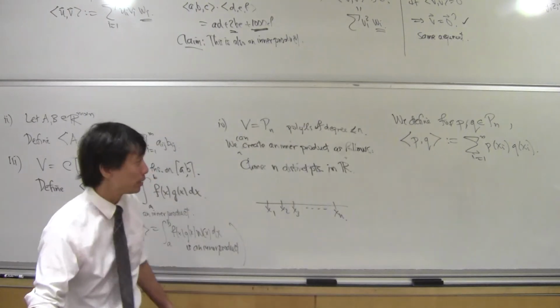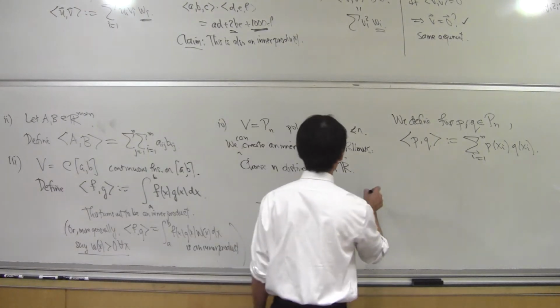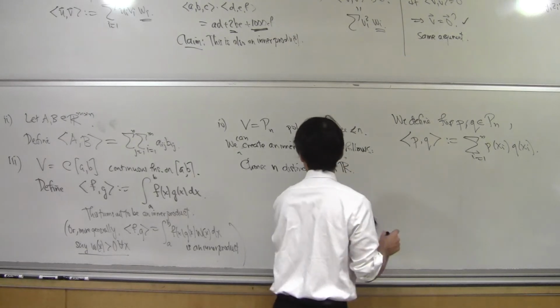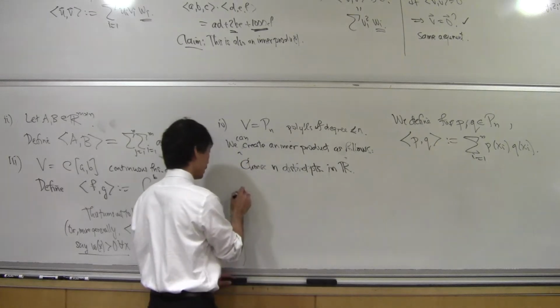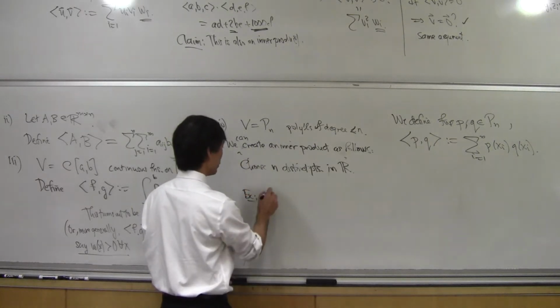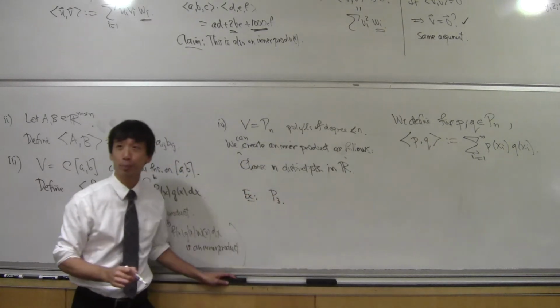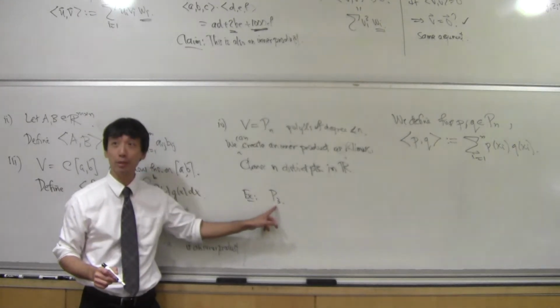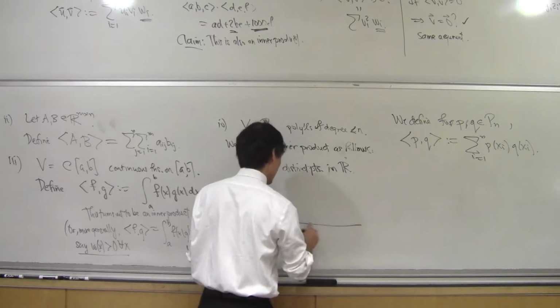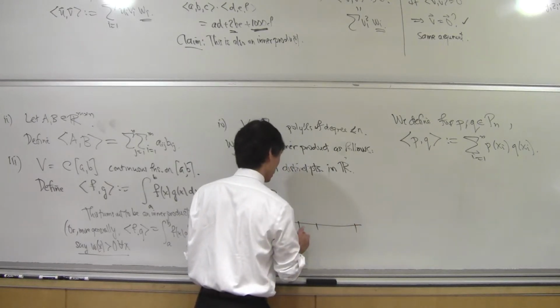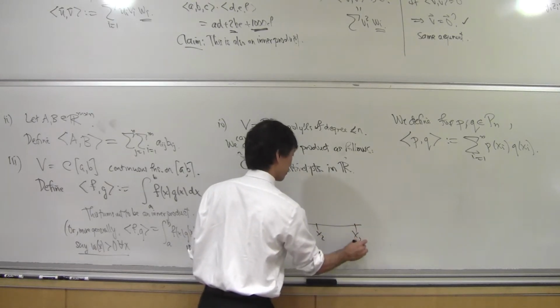Yeah. So let's make it concrete. For example, suppose we're in P3, polynomials of degree less than 3. We choose 3 points: x1, x2, and x3.